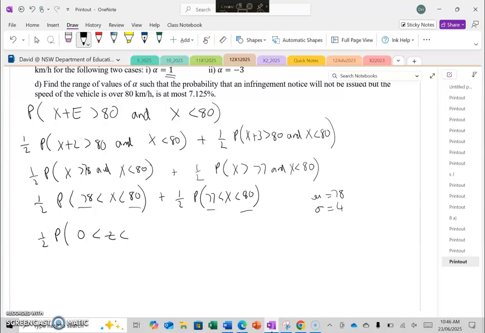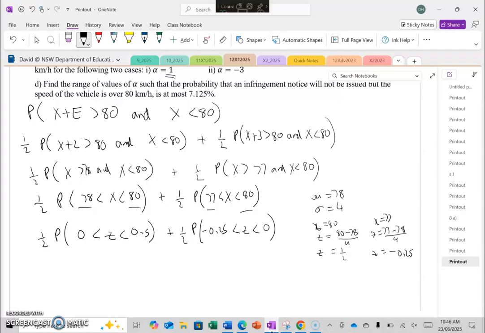80, we did 80 in the last question. When X is 80, Z is a half. 80 minus 78 over 4 is a half, or 0.5. When X is 77, 77 minus 78 over 4 should be negative a quarter, or negative 0.25. So that's what I've got there.